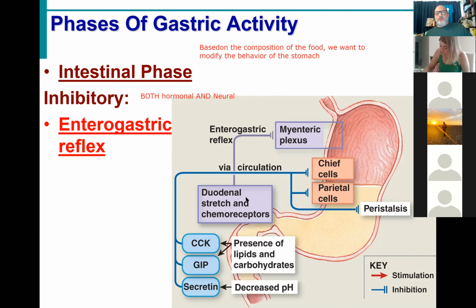This enterogastric reflex basically sends a signal to the stomach, decreasing the myenteric plexus.